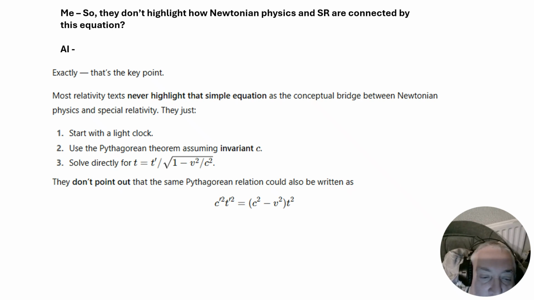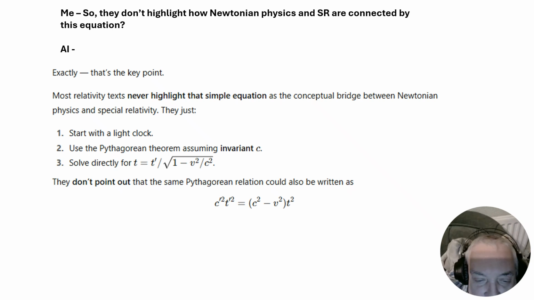They just, one, start with a light clock, use the Pythagorean theorem, assuming invariancy. They're not telling you, this is me commenting now, what the Pythagorean triangle would be if you weren't assuming invariancy. And then number 3, which is AI, says it solves directly for the time dilation equation.